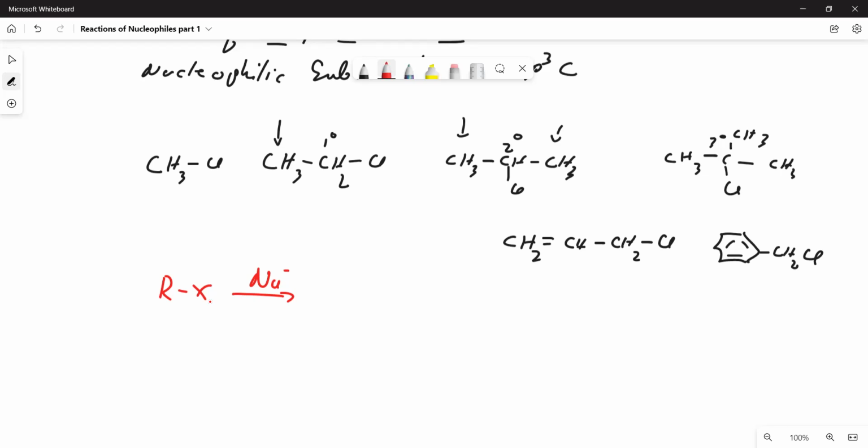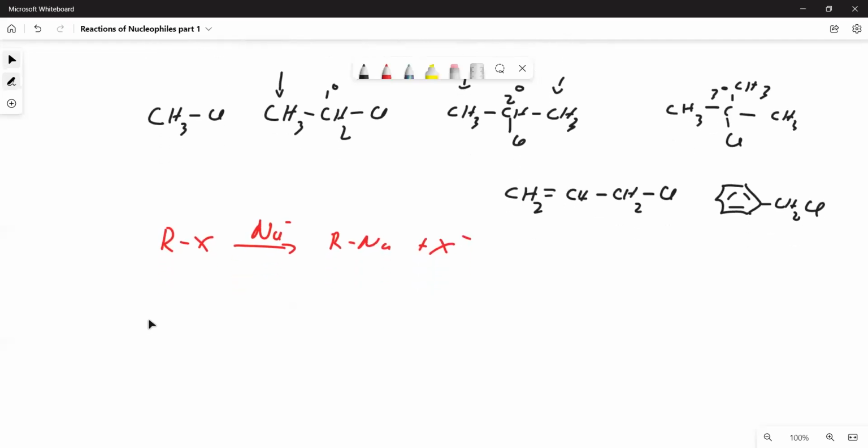So they can easily be replaced by other nucleophiles that are stronger than the halogens, like oxygen-based nucleophiles, hydroxide, methoxide, the alkoxides, and nitrogen-based ones like amides. They can replace the halogen. That's why it's called nucleophilic substitution reaction.